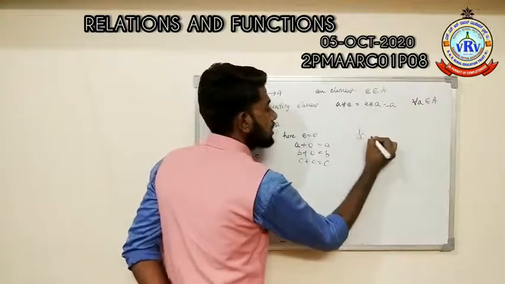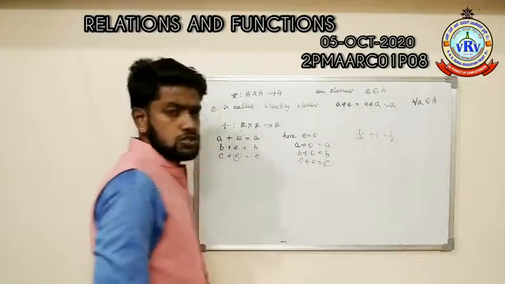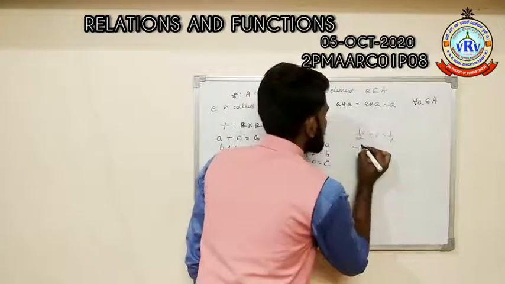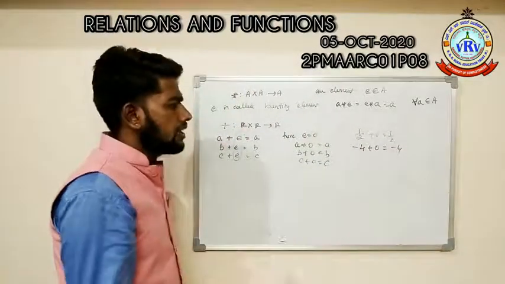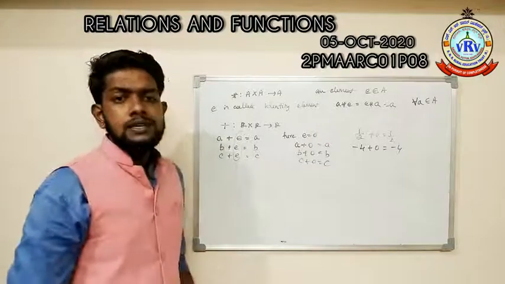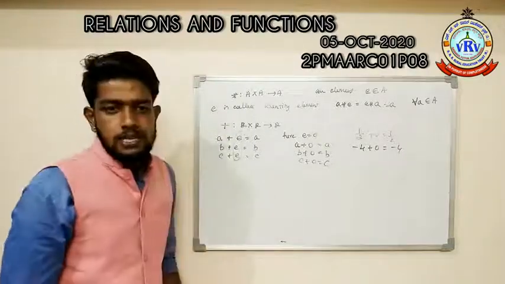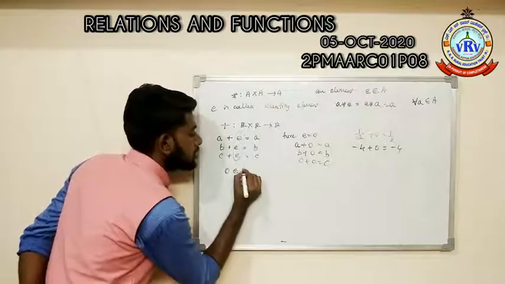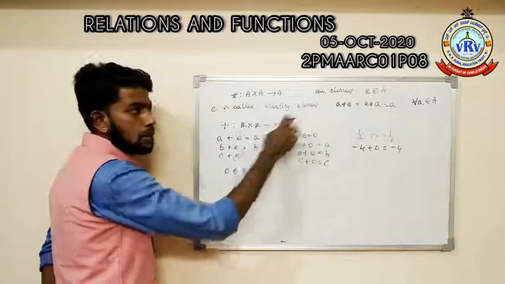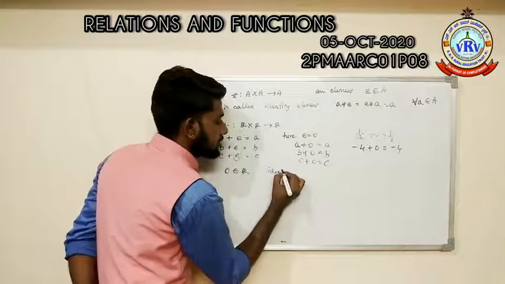Same way, 1 by 2 plus 0 is 1 by 2, and minus 4 plus 0 is also minus 4. Any element, if you add the element 0 on the set R, it will return the same element. Therefore, 0, which belongs to the real number set, is called the identity element.